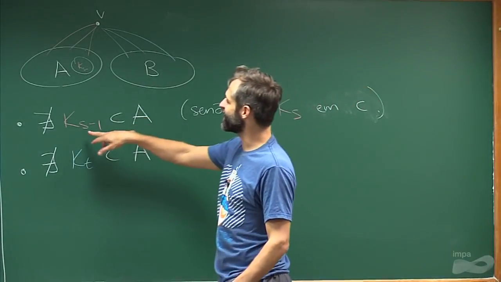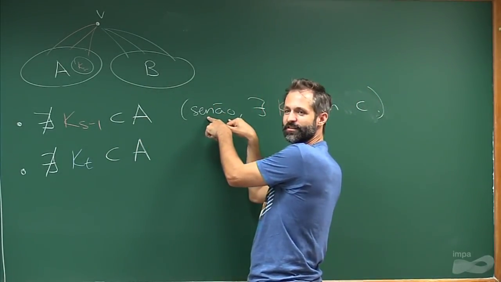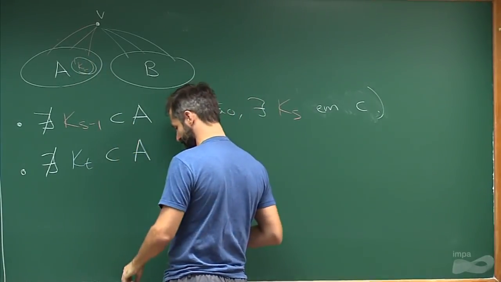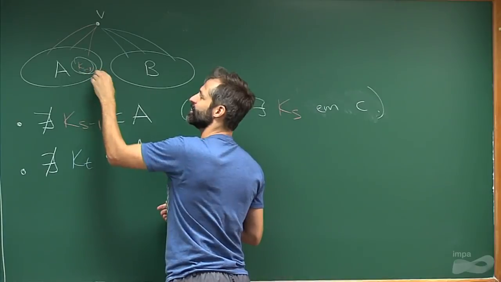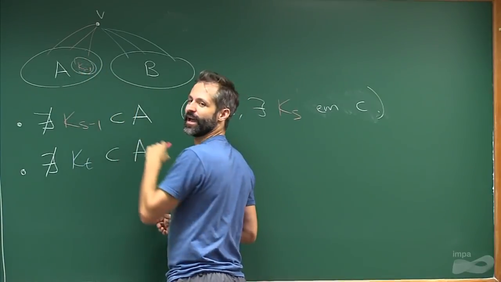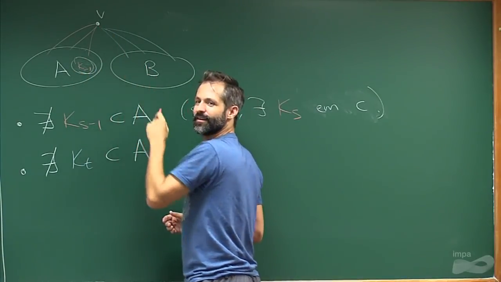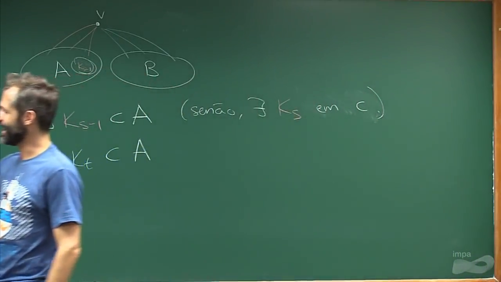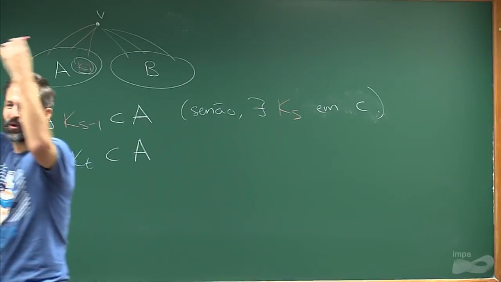So if there existed a red K_{s-1} in A, these s-1 vertices, everything's red, in the original coloring. I mean in the whole universe.